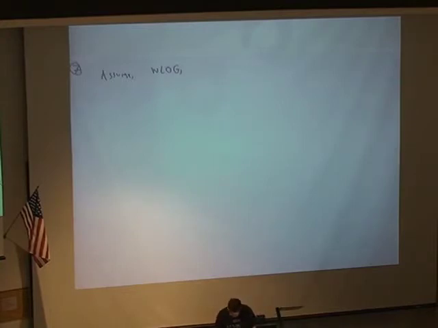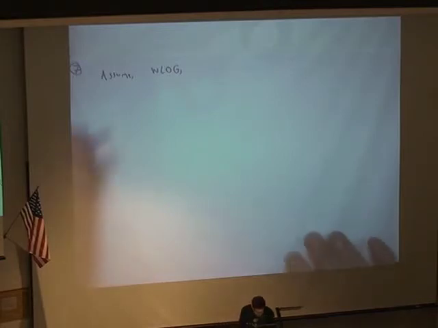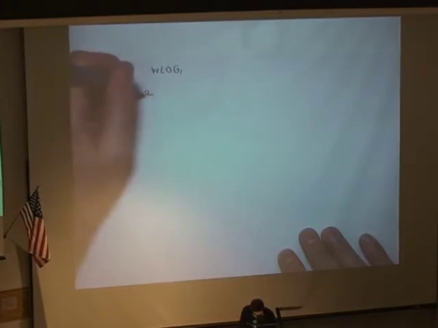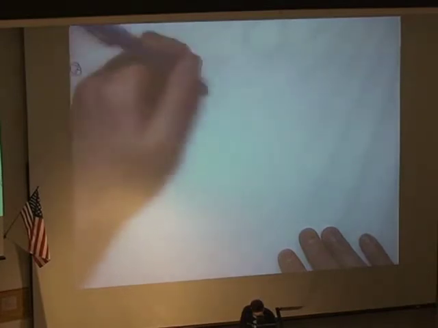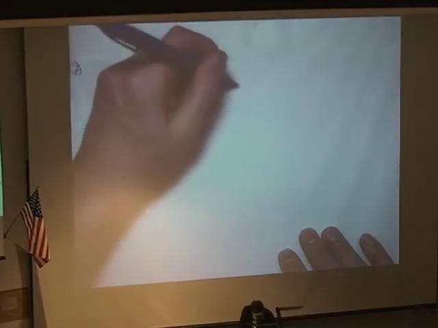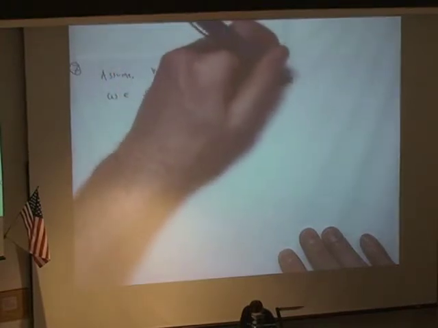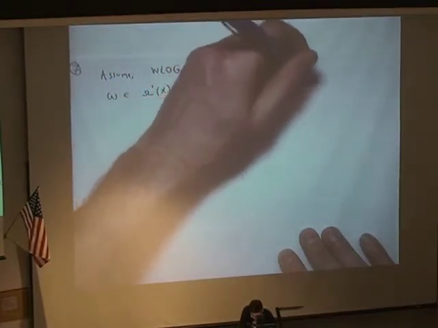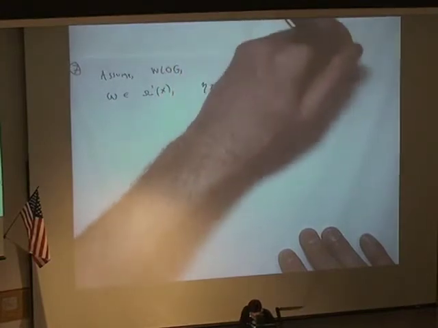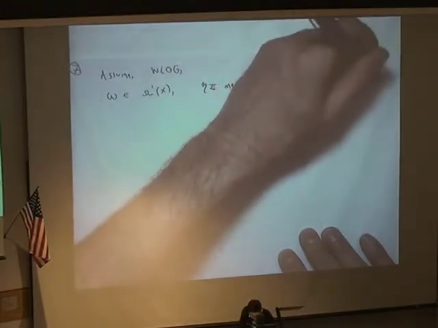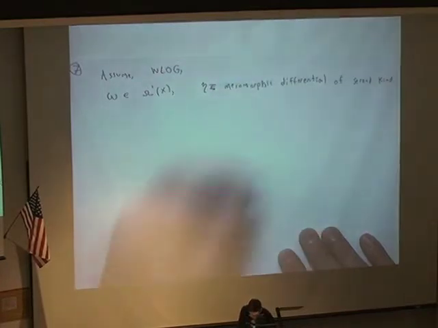Okay, here. So I'm going to assume that this class omega is in Omega^1 of X, and that eta is simply in H^1 de Rham. So this eta is a meromorphic differential of the second kind on X.